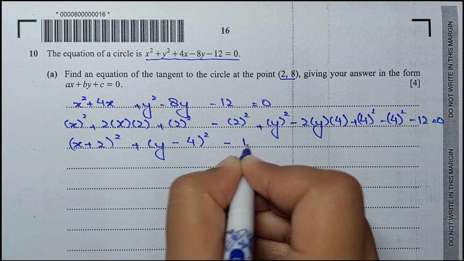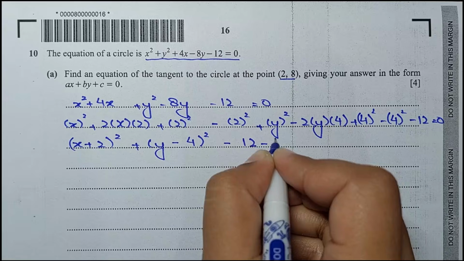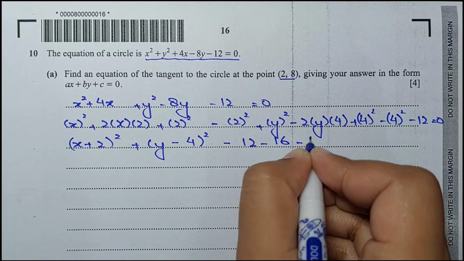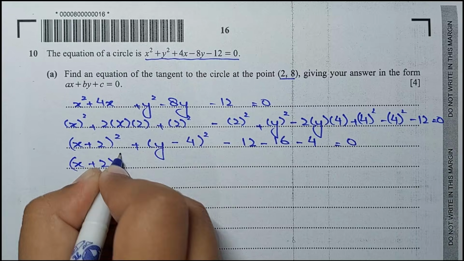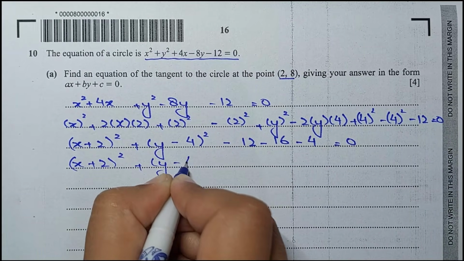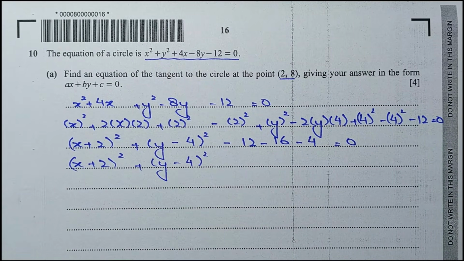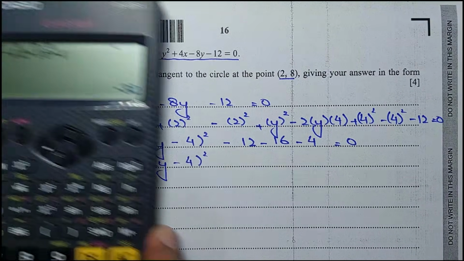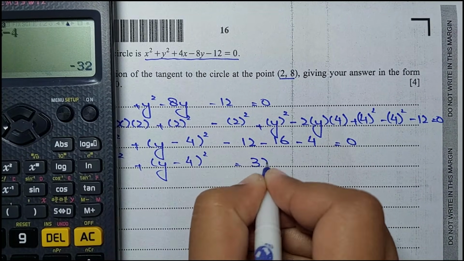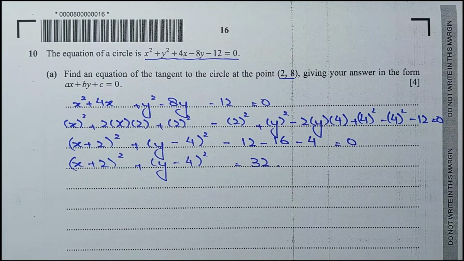And here we have minus 12 minus 4 squared, 4 times 4 is 16, minus 2 squared, which is 4, equals 0. So x plus 2 whole squared plus y minus 4 whole squared, and what is minus 12 minus 16 minus 4? It is minus 32. Shifting to the other side, it becomes positive 32.